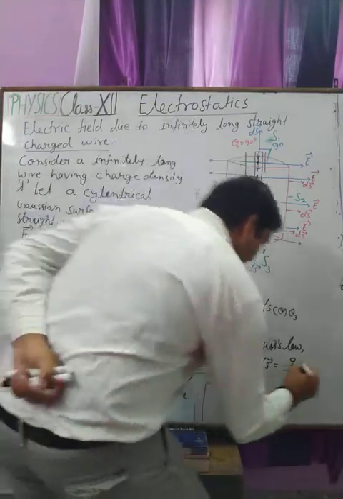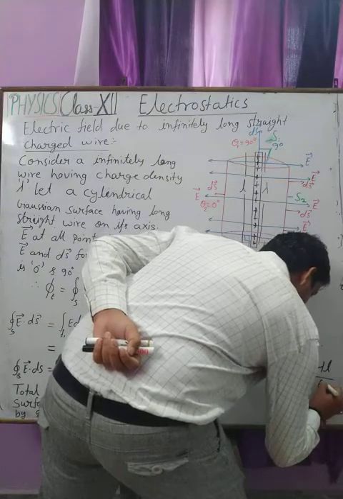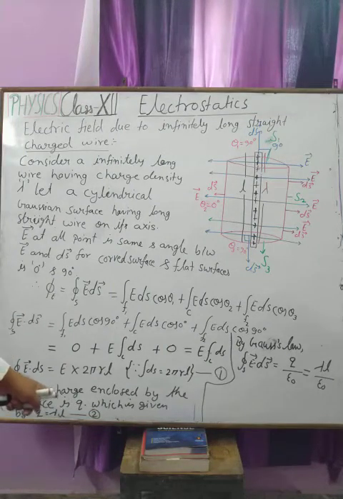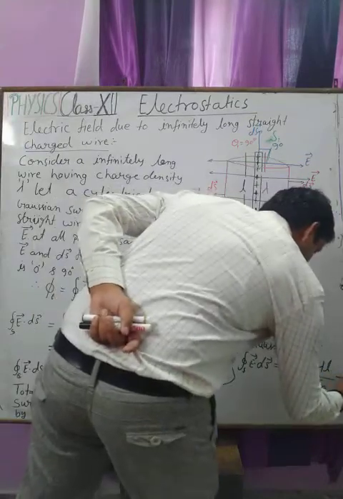Here this Q is equal to lambda L upon epsilon naught. Okay, and we have the value of E ds, this is equation third.